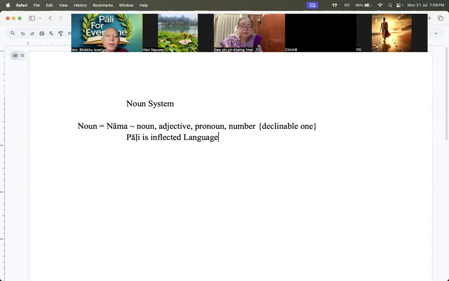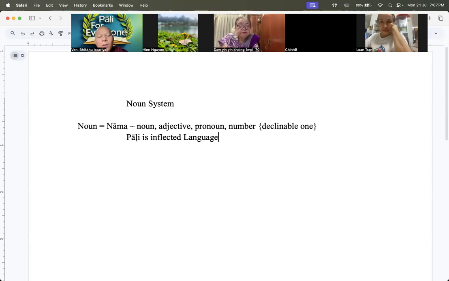It's a changeable language. For example, in English, for the subject we use I, but for the object we use me. For other cases we use by me, like that. In Pali also, I or me can be changed in this way. That is why it is called an inflected language.